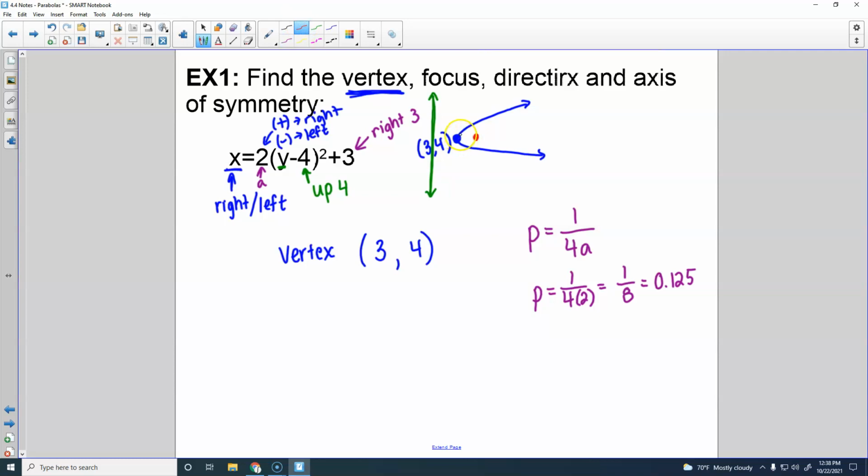Although I do want you to be able to add and subtract fractions as well. So what this tells us is that this distance right here is 0.125, and this distance right here is 0.125.